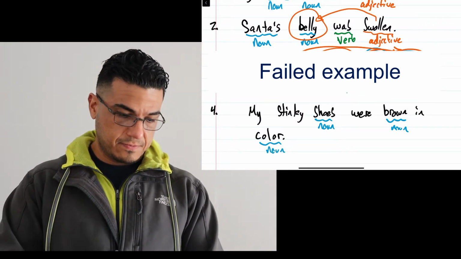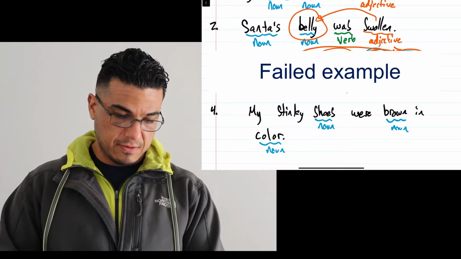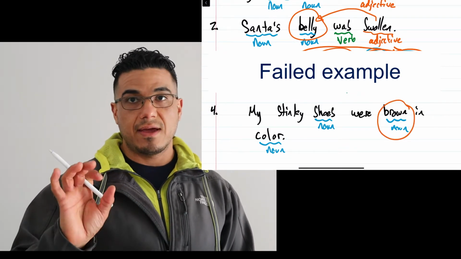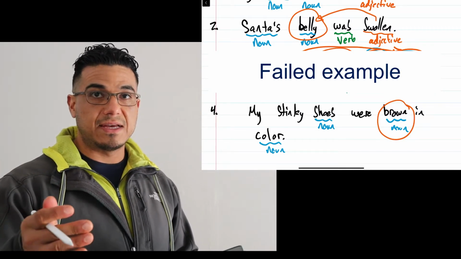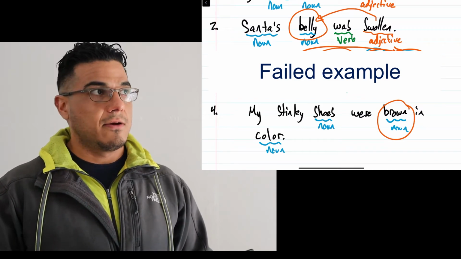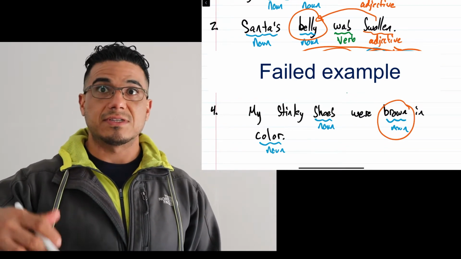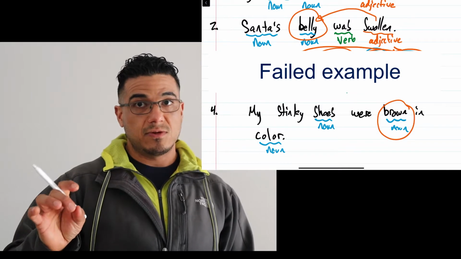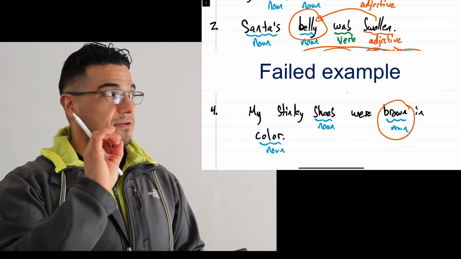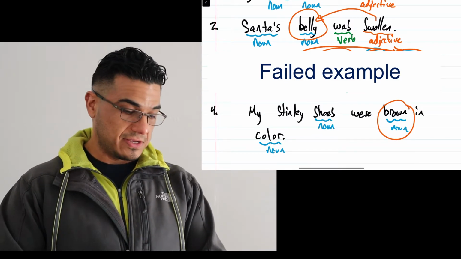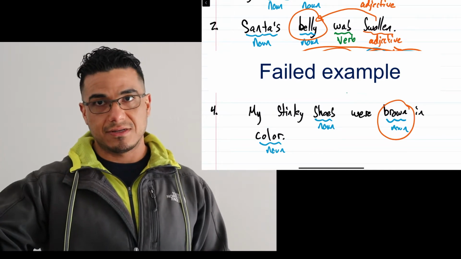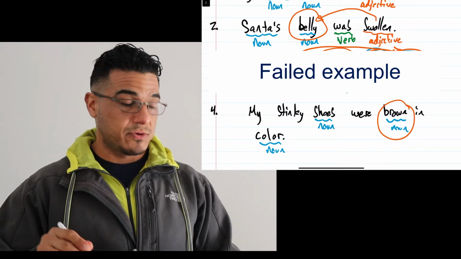But again, like I mentioned, when we're talking about adjectives, anytime you have a noun being described in terms of quantity, like how many of that noun there is, or what color it is, or what size, etc., that's going to be what's considered an adjective, because that word is being used as a descriptor for the noun. So with that being said, I'm going to change my original label of noun from brown, because it is a color, it's a thing, but not in the way we're using it.